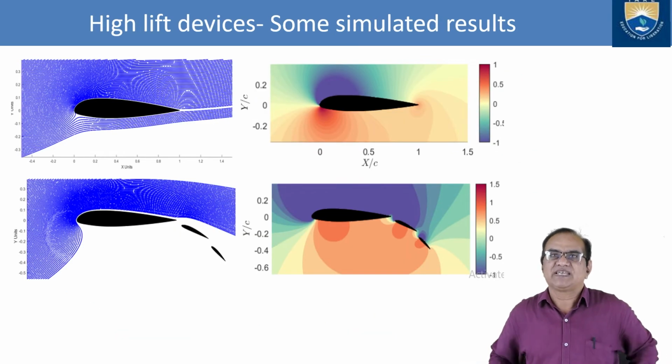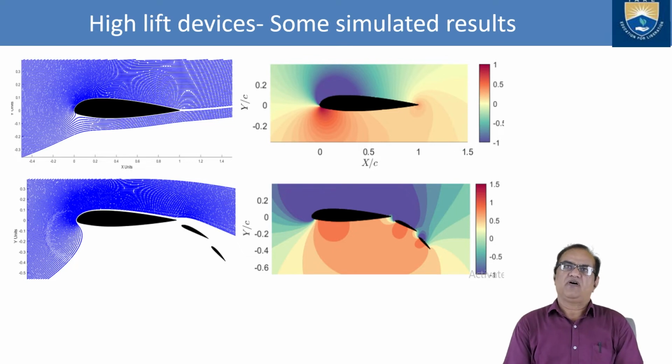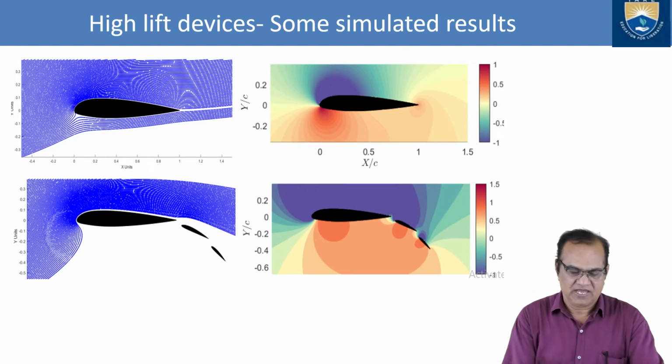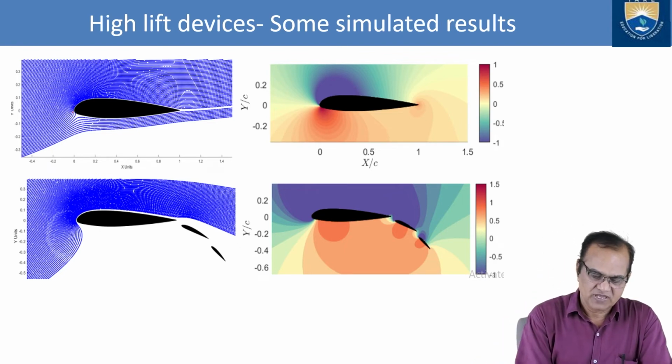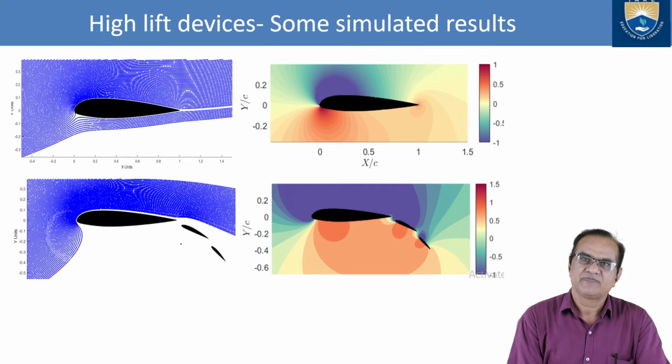Now I will discuss some work on high lift devices, some simulated results, and how these things are working. So here we can see that in the first case, it is only wings, the aerofoil is here. But in another case, we have a spoiler, these two surfaces are here.